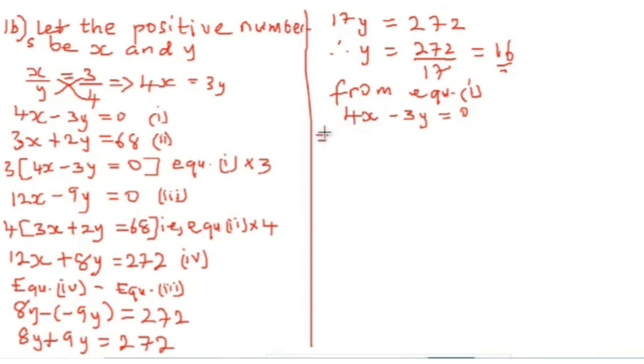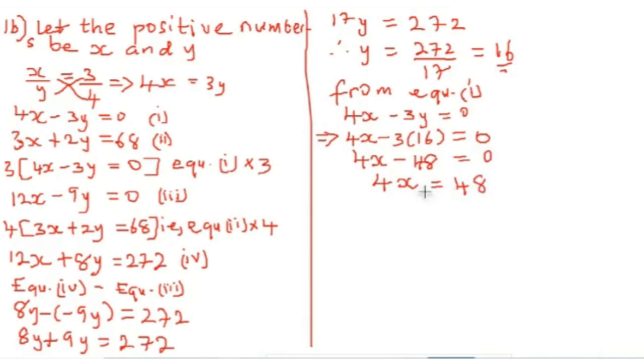So substituting for y, we say 4x minus 3 times 16 is equal to 0. 3 times 16 gives us 48. So basically, 4x is equal to 48.